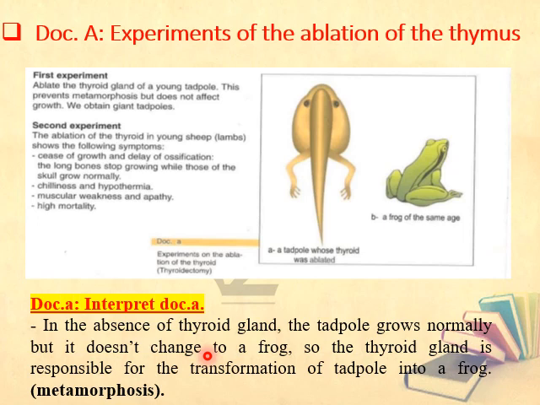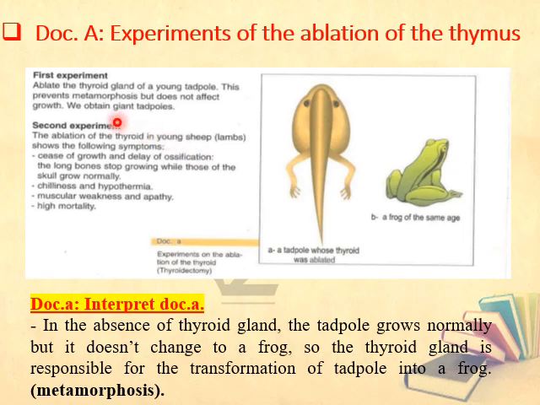As a relation, as a significance, so the thyroid gland is responsible for the transformation of a tadpole into a frog. In other words, the thyroid gland is important for metamorphosis. So this is the first conclusion or the first function concerning the importance of the thyroid gland in a tadpole.